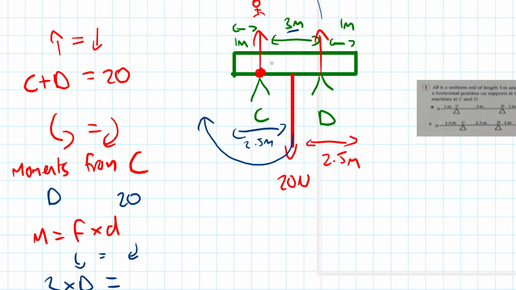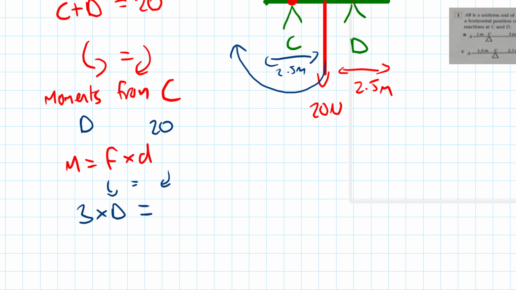We've already travelled 1 meter, so it's going to be 1.5 meters from C to the middle of the beam. So it's going to be 1.5 times 20. And then from here, we just do a simple rearrangement. D is equal to 1.5 times 20 divided by 3.